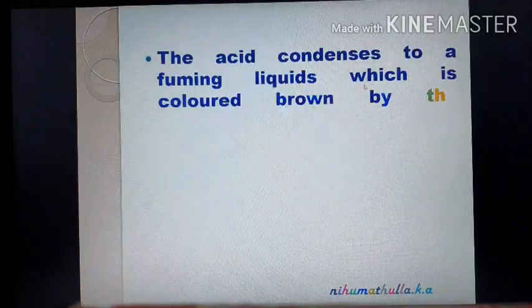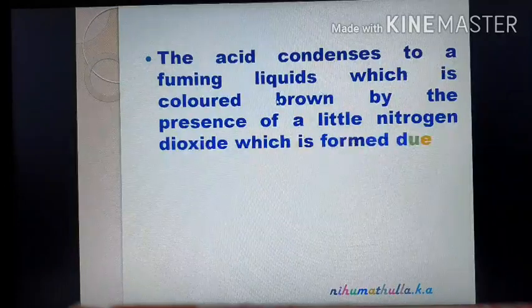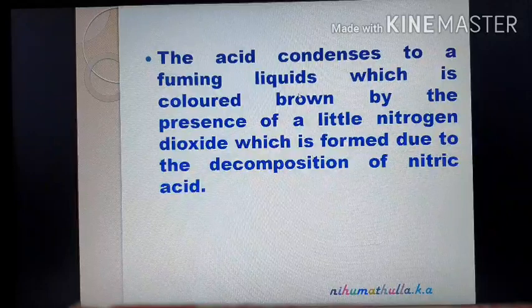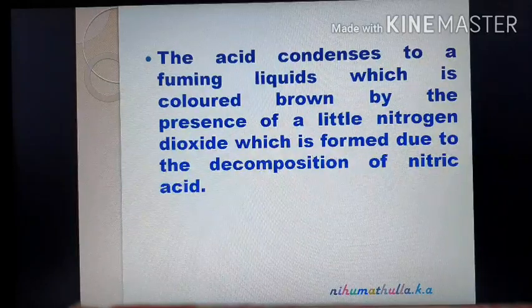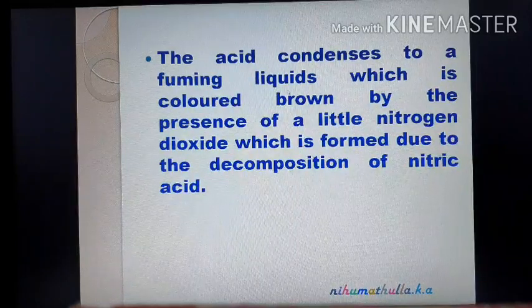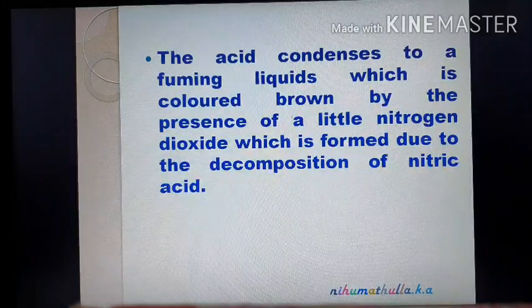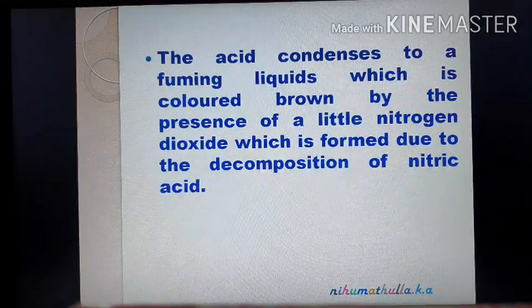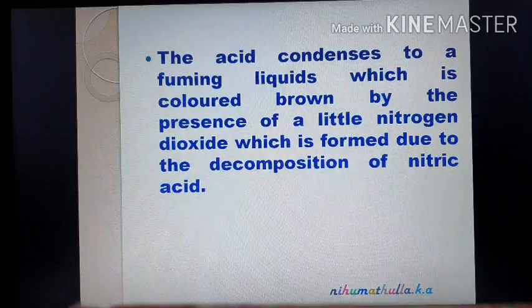The acid condenses to a fuming liquid. The acid is formed in the vapor state. That HNO3 vapor, on cooling and condensing, gives a fuming liquid, which is colored brown by the presence of a little nitrogen dioxide, formed due to the decomposition of nitric acid.